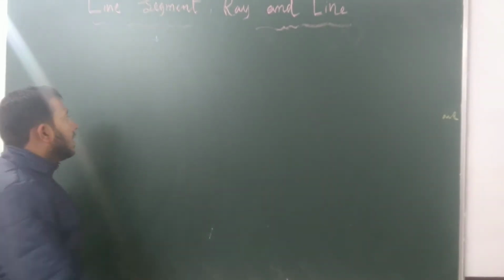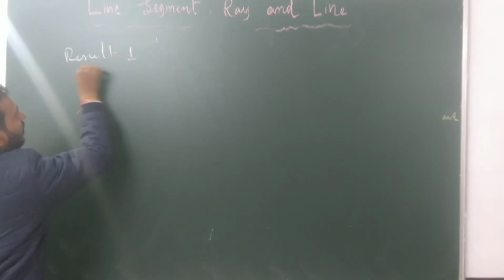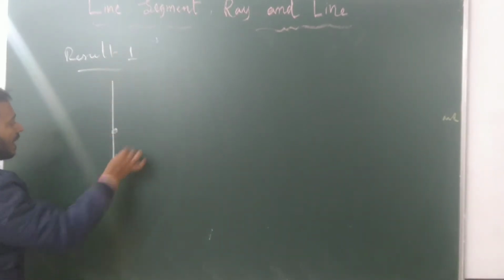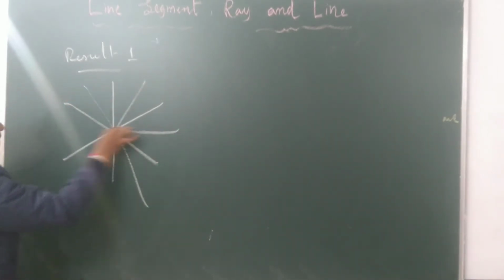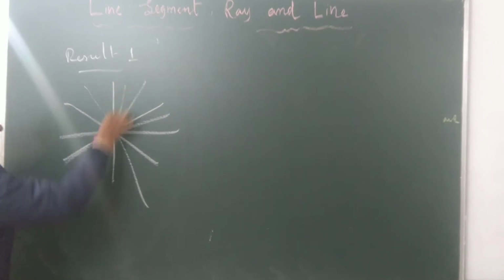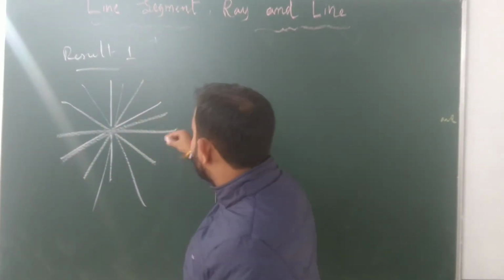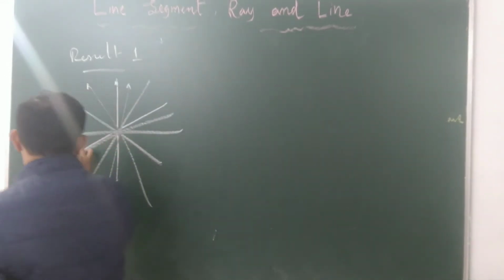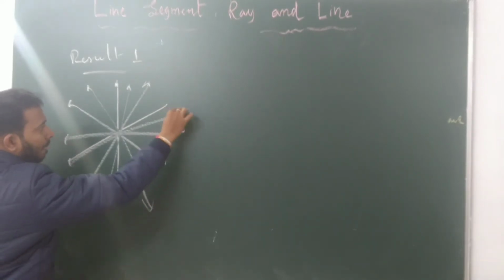That means if we take a point, then you can draw an infinite number of lines passing through a point. And the collection of these lines we call concurrent lines.